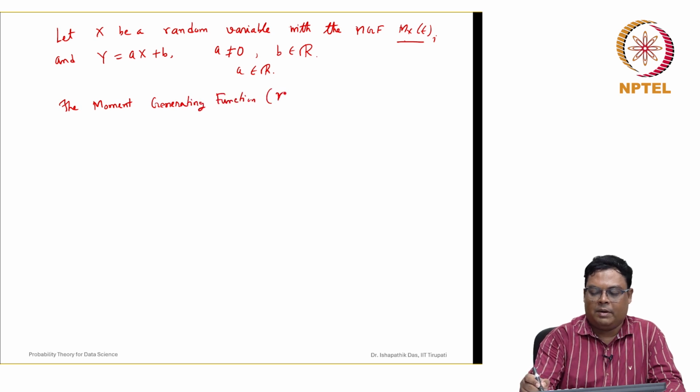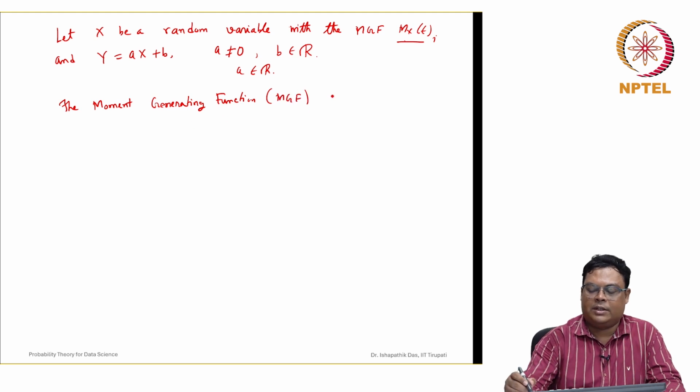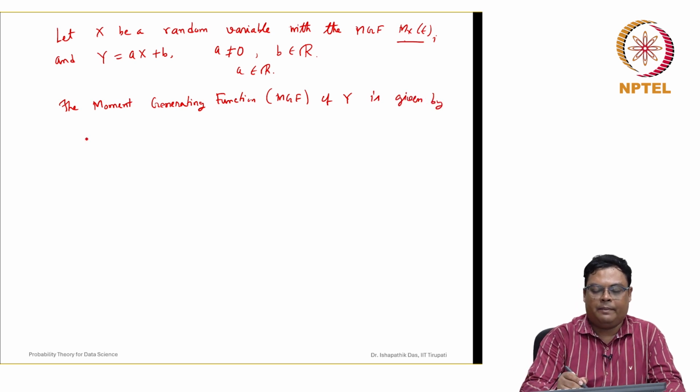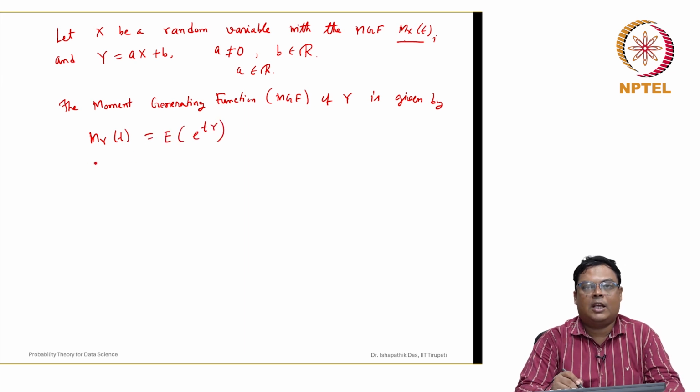So usually we abbreviate the moment generating function as mgf. The mgf of y is given by My(t). By definition, My(t) is nothing but the expected value of e to the power of ty.